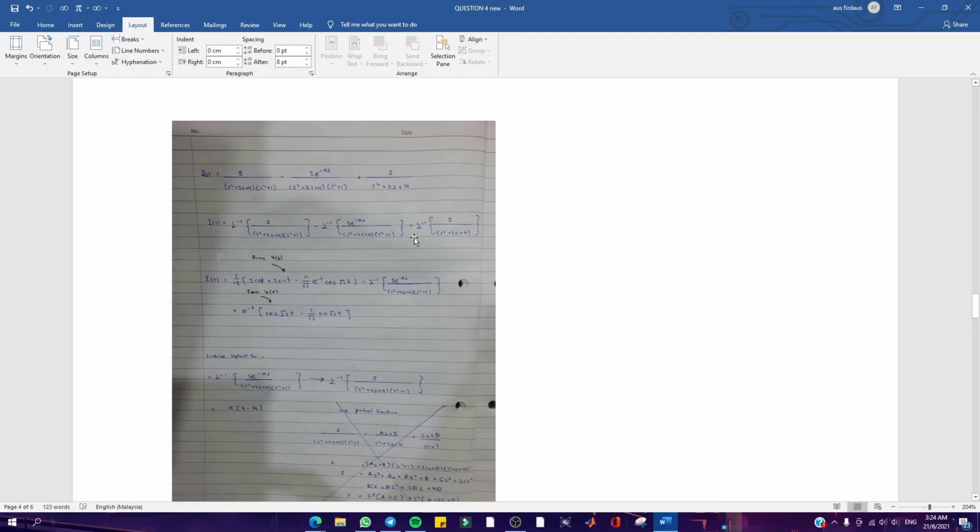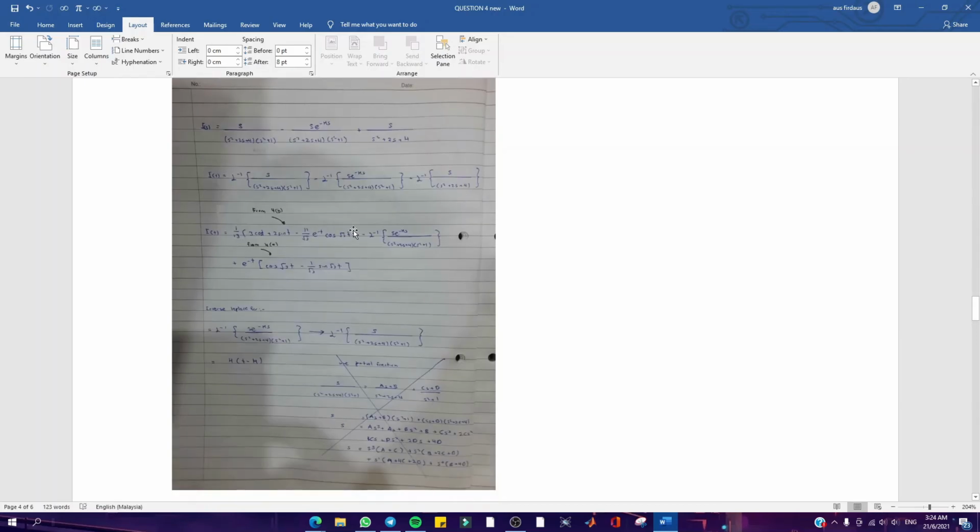And then here, inverse Laplace transform of s over s squared plus 2s plus 4, we get e to the power negative t cosine root 3 t minus 1 over root 3 sine root 3 t, from question 4a.